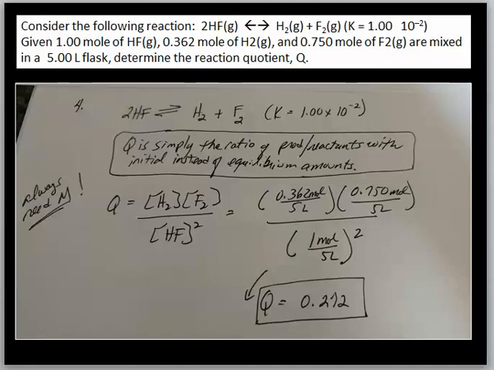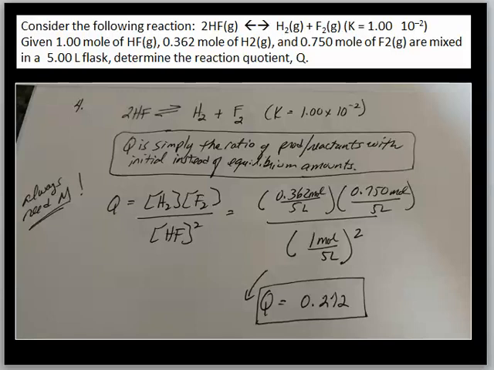Question number 4 is asking you to find the reaction quotient, or Q. Again, the math of this is done the same as the math of K. The only difference is that these are probably your initial amounts and definitely not your equilibrium amounts. So you find Q in order to decide which way your reaction is going to shift to reach equilibrium.